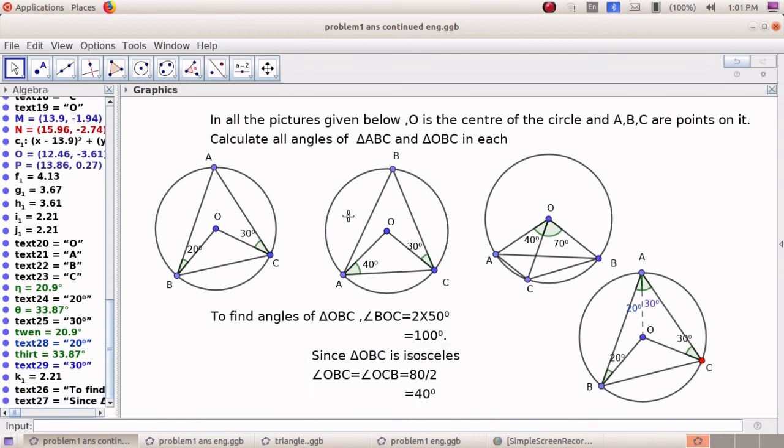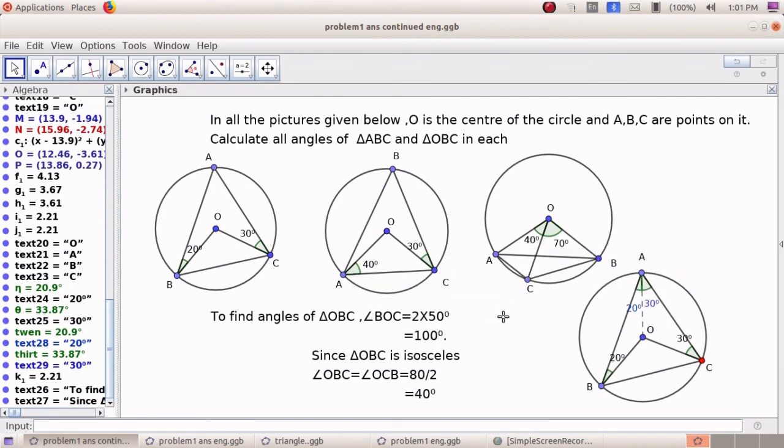Okay. Now joining OB in the second figure, and in the third figure, by getting this angle with the property of an isosceles triangle, we are able to determine all angles of triangle ABC here, and all angles of triangle OBC can be obtained from these two figures as we have done here.